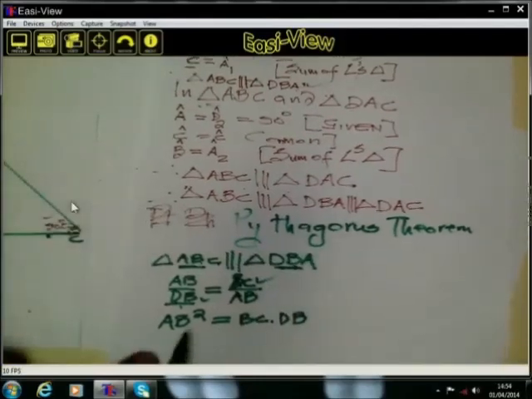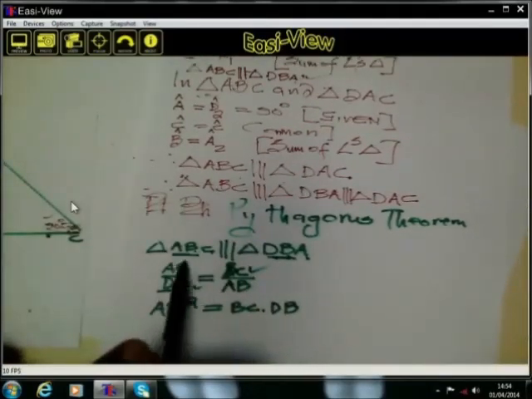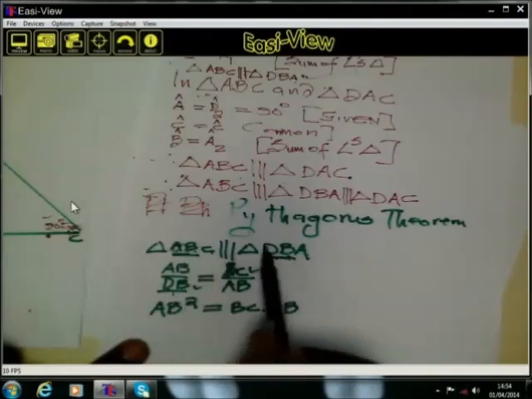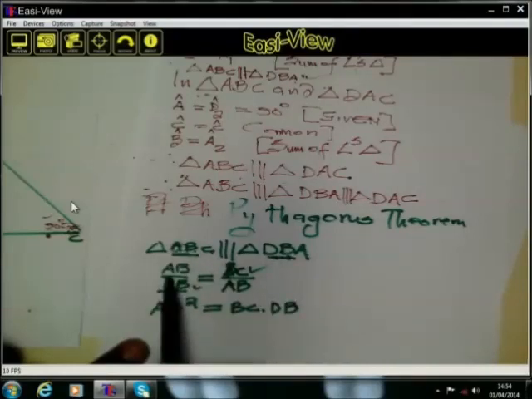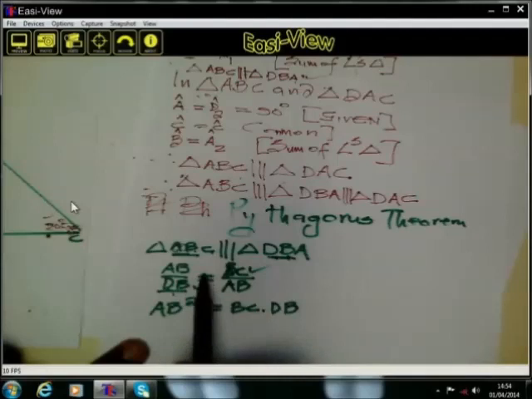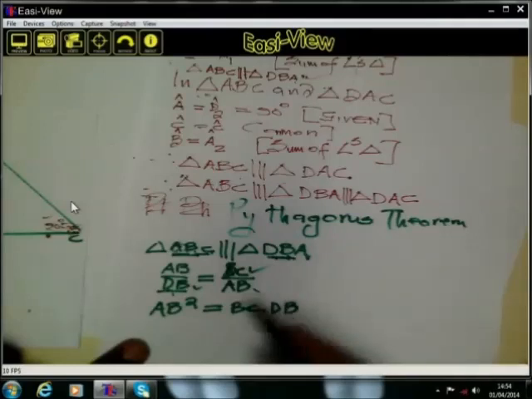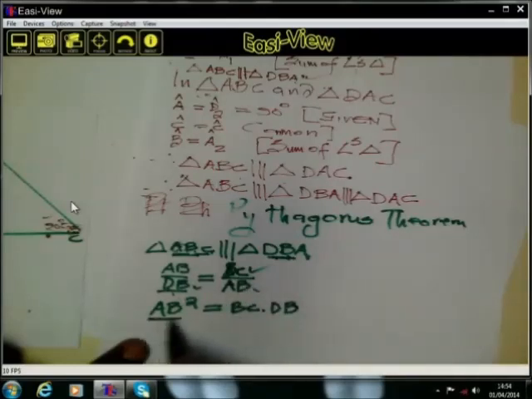Let me repeat that because I know some learners can confuse this. We are looking at AB. When you take this side, AB must be over this side. AB over DB must be equal to this side, BC over BA, which I've just rearranged as AB, since AB and BA are one and the same, such that when I cross multiply it gives me AB squared, which is equal to BC multiplied by BD.